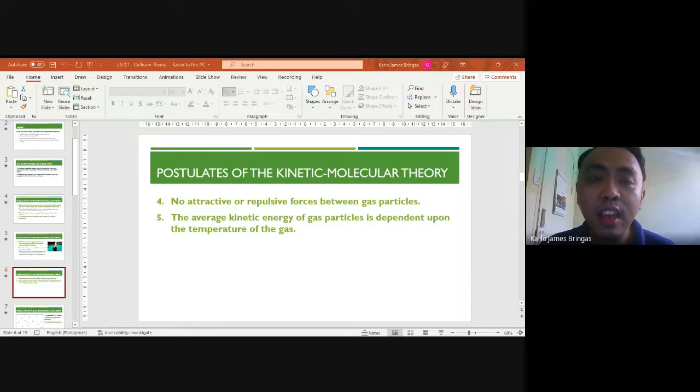So really, we need to come up with a definition of temperature on a molecular level, since we don't have any way of measuring temperature at such a very small scale.